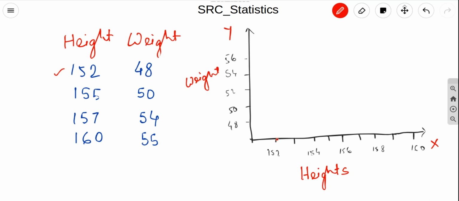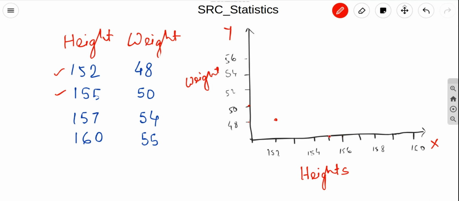So from x-axis we find out the point 152, and from y-axis we find out the point 48. Okay, so put a point here, dot here. Then next sample point is 155 and 50. So in the x-axis we find out the point 155, and in y-axis we find the point 50.